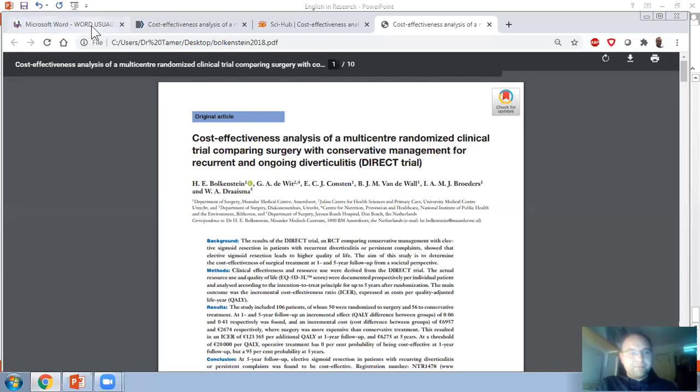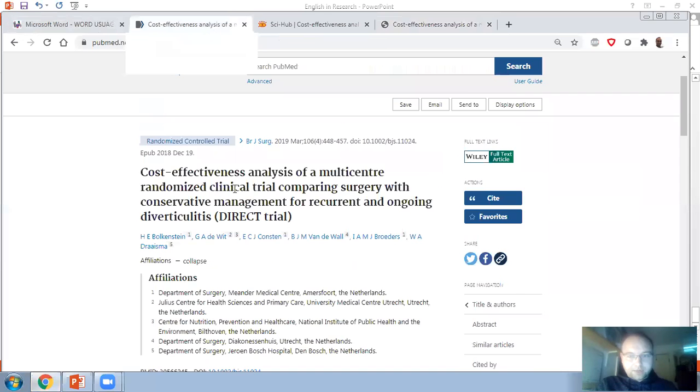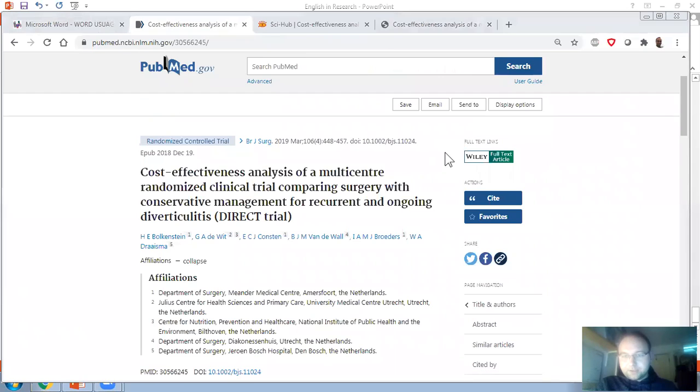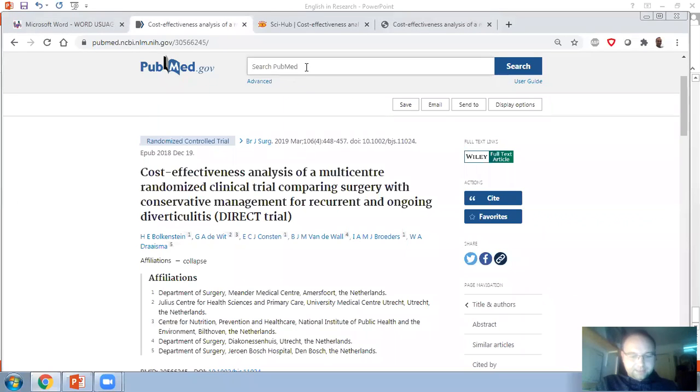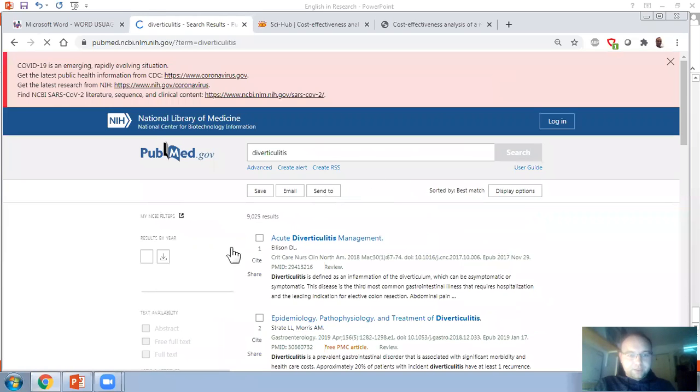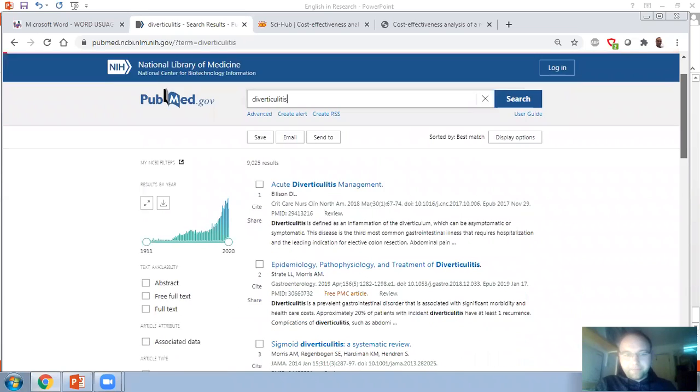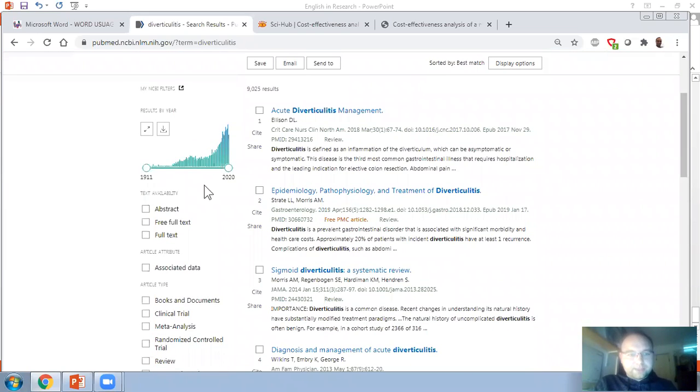Let's say on PubMed, if you go here and search, let's say diverticulitis, yeah, and you pop in the search, here you can see how the topic has evolved. So you'd know that we're in 2020 and this is 1911. So you know that minimal research was done, and then a lot of research started to come up from the 2000s.